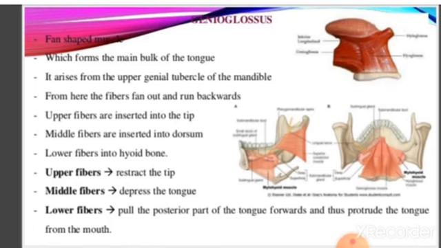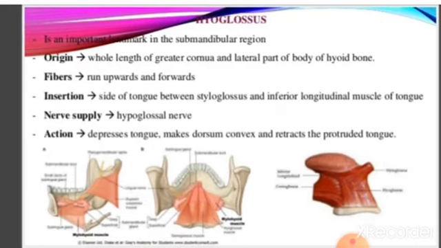Okay, now the hyoglossus. One by one we will study all the extrinsic muscles in short. So hyoglossus, it is an important landmark in the submandibular region.